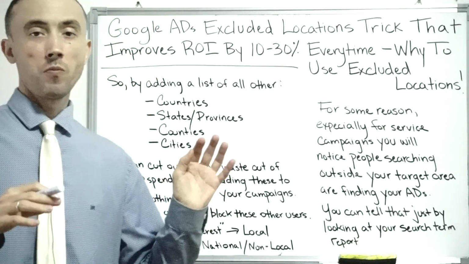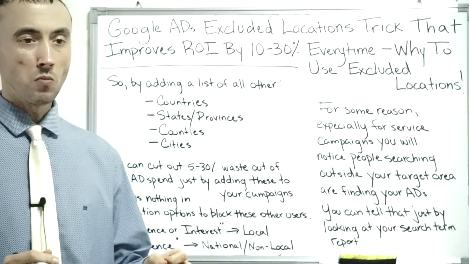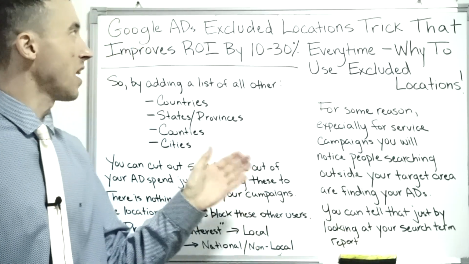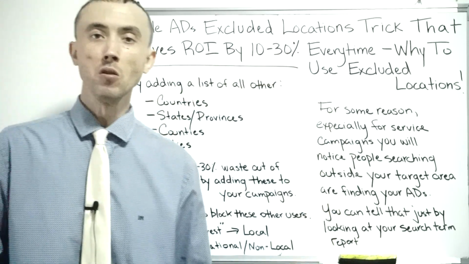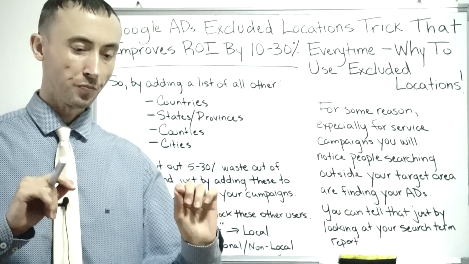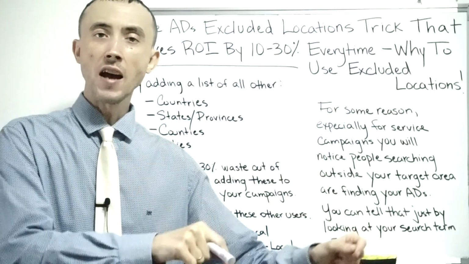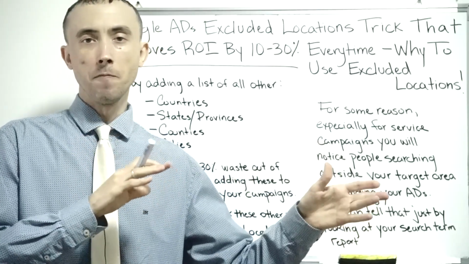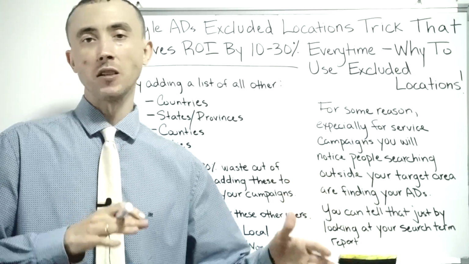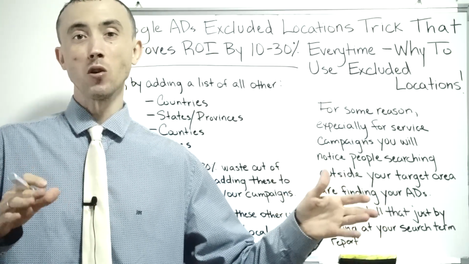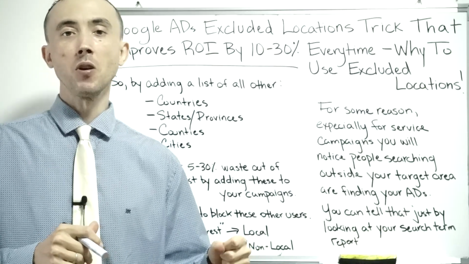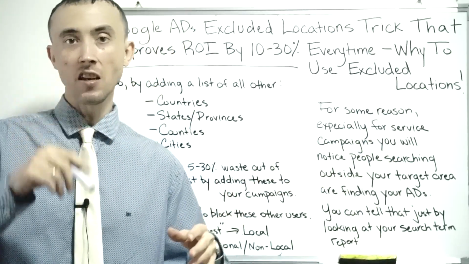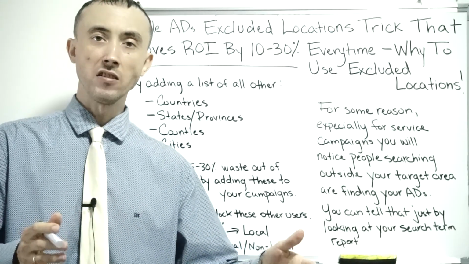The main purpose of this video is to make you aware, more than what the negative or excluded locations do on Google ad campaigns, that there is a problem that's been ongoing, and it seems to be getting worse over time, of people that are not in your location, where you're trying to target geographically, seeing your ads.